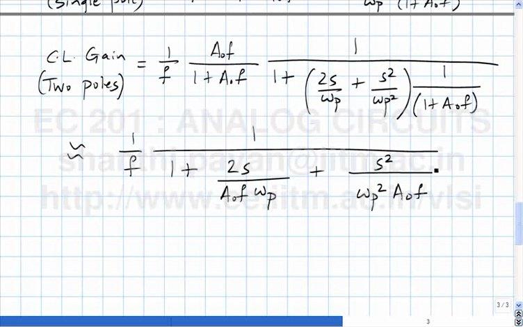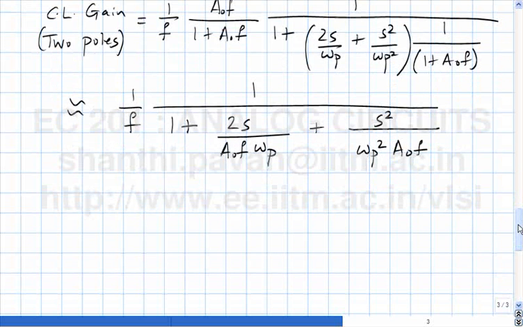And how does this approximation come about? The reasoning behind making this approximation is that A naught f is much larger than 1.